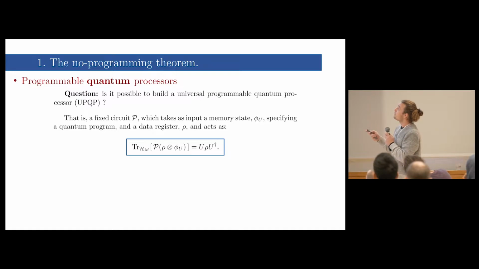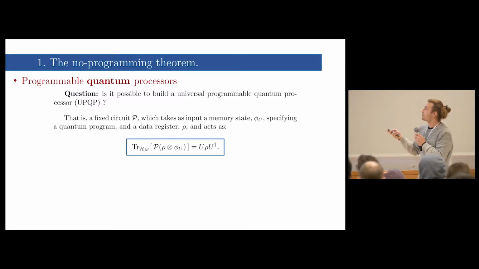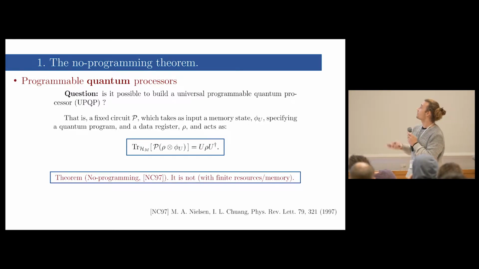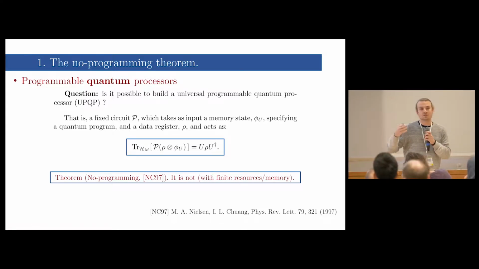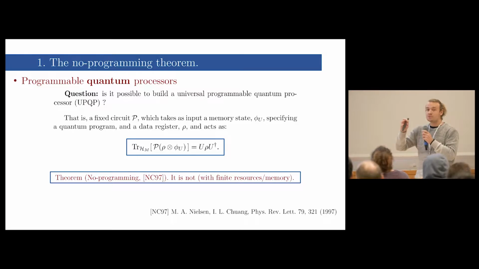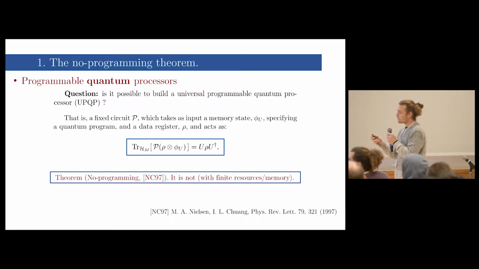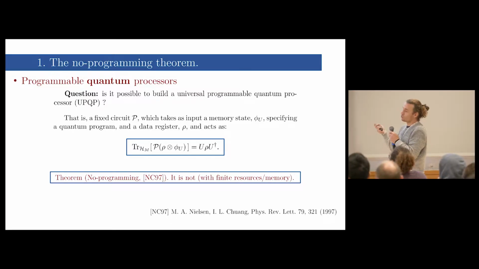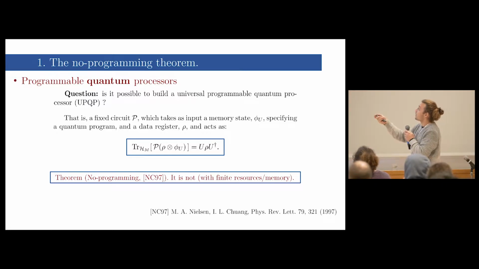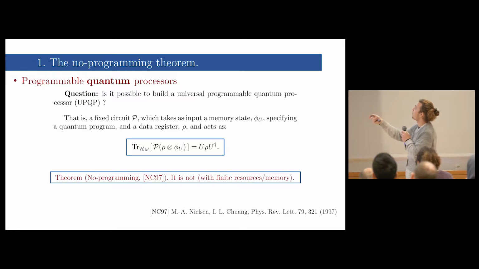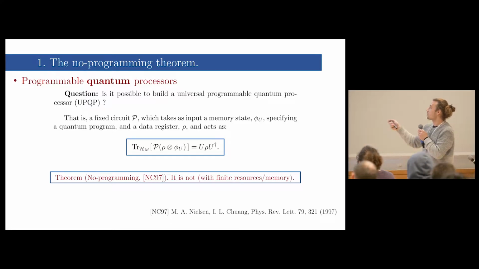The no programming theorem tells us the answer to this question, and the answer is no. That's not possible. If you want to build such a machine, you need an infinite dimensional memory. This is an elementary result, and it is the result I was referring to, the no-programming theorem originally stated by Nielsen and Chuang in this work.